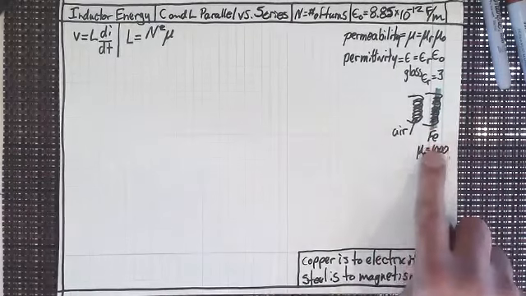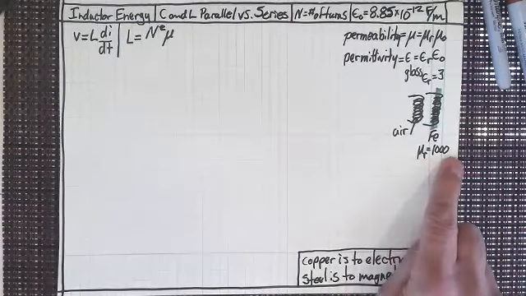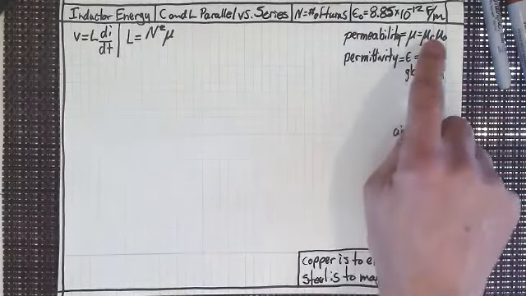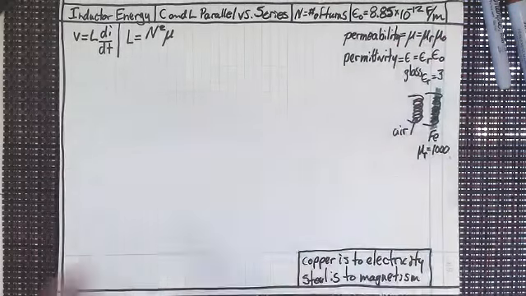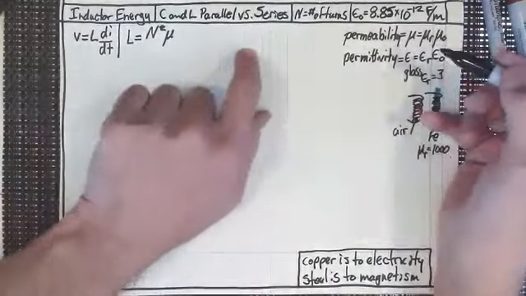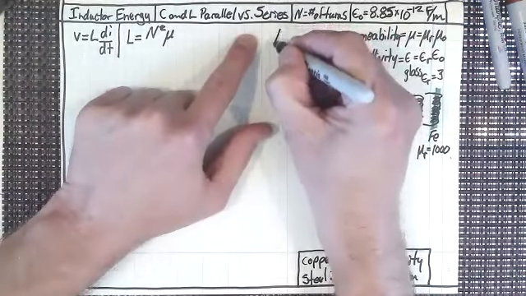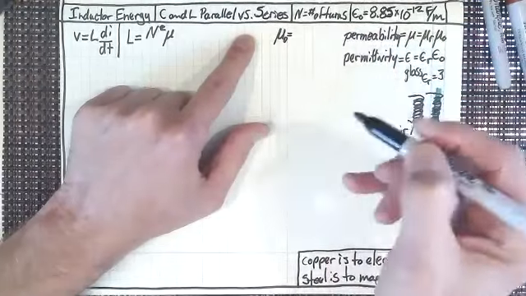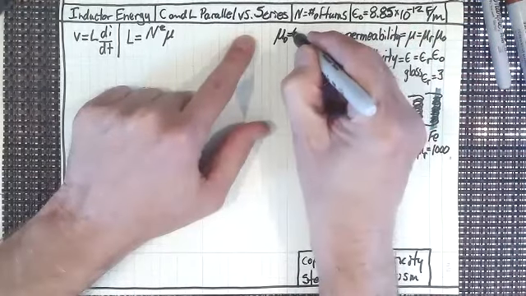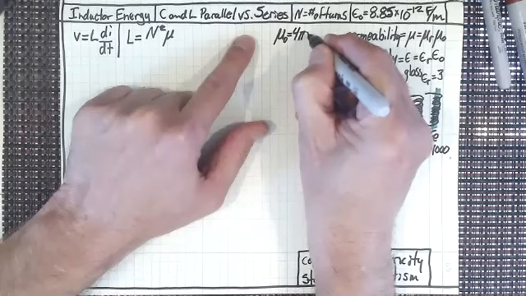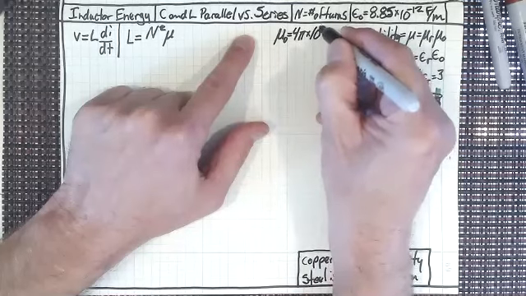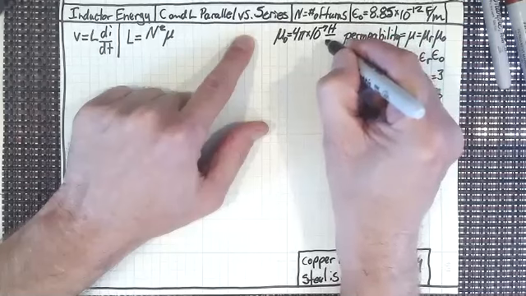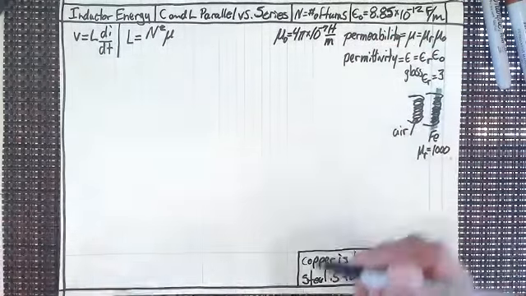So steel has about 1,000 times the permeability of outer space. Outer space, I forgot to give that to you. Mu sub o, another constant that you're going to remember for the rest of your life. 4 pi times 10 to the minus 7 henries per meter, right?